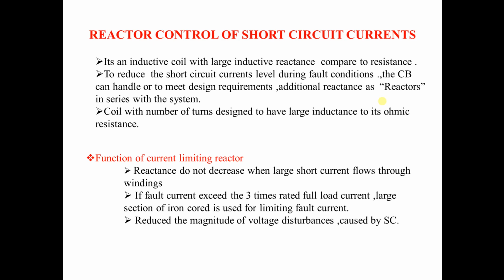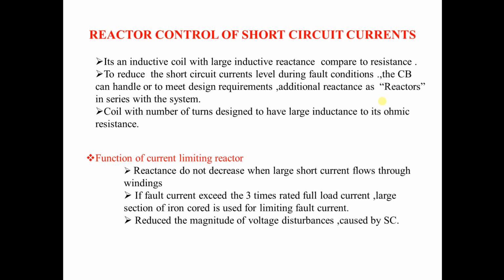If there are no steps to limit the value of the short circuit current, the duty of circuit breakers may be exceeded, and damage to lines and other equipment will certainly occur.